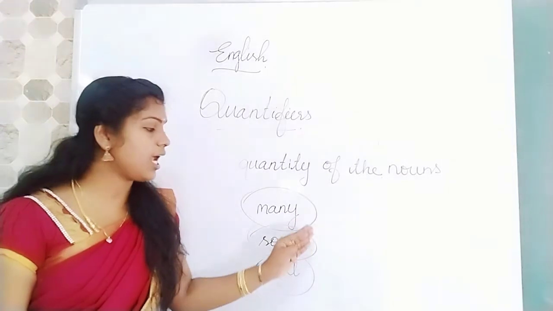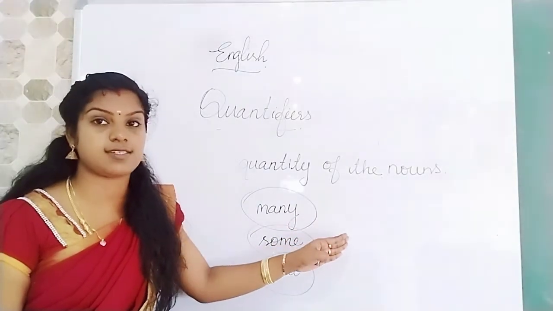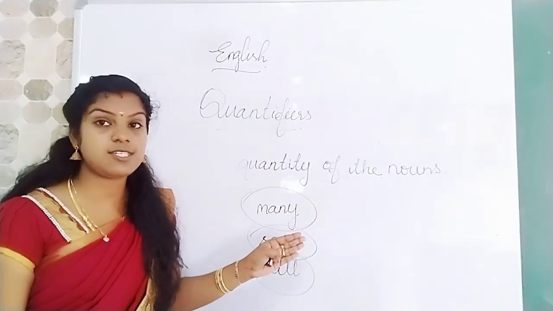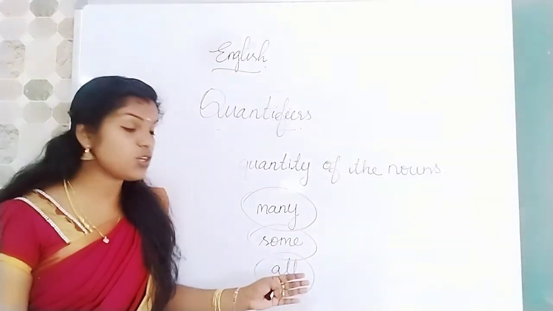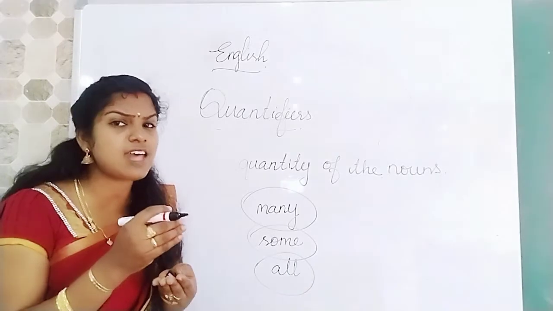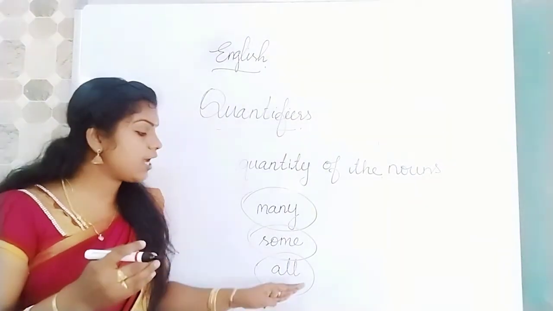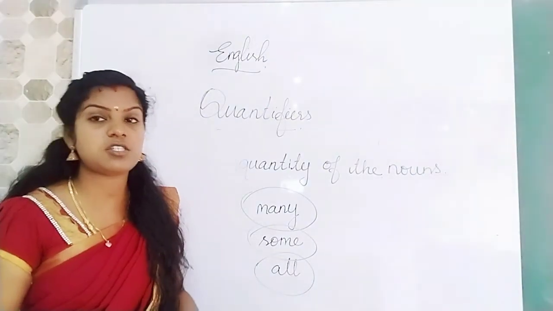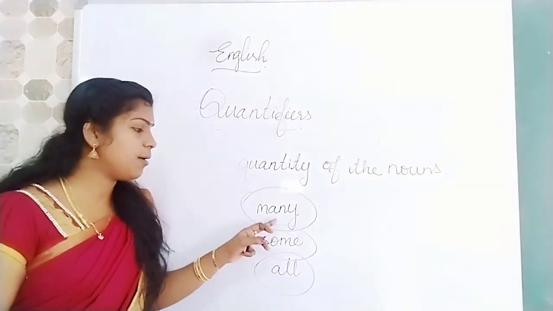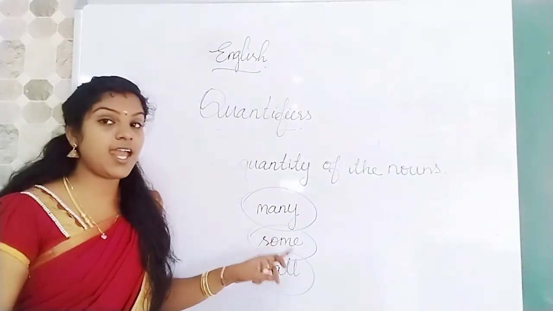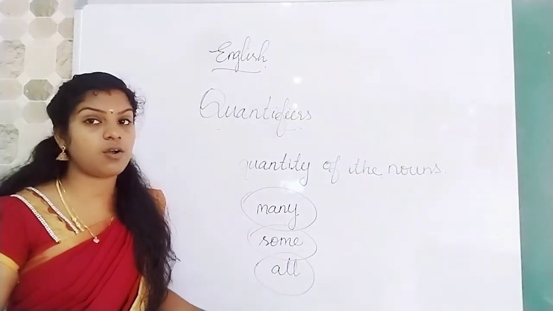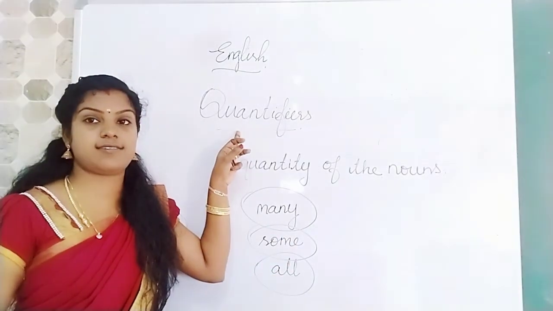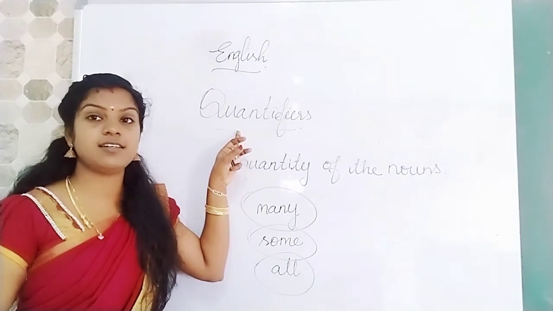Here I have used the noun chocolate. How many chocolates do you have? I have many chocolates. I have some chocolates. I have given all my chocolates to my friend. Here, many, some and all are called quantifiers. Have you got it? Clear now?